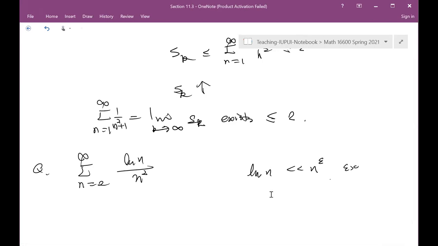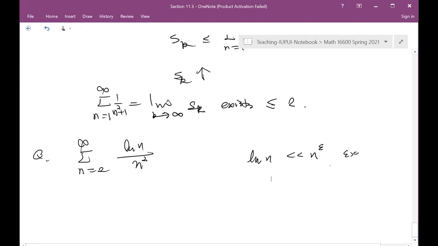The question is how do you give a solid argument. All the terms are positive here. And I know natural log of n is less than or equal to the square root of n for some larger n.